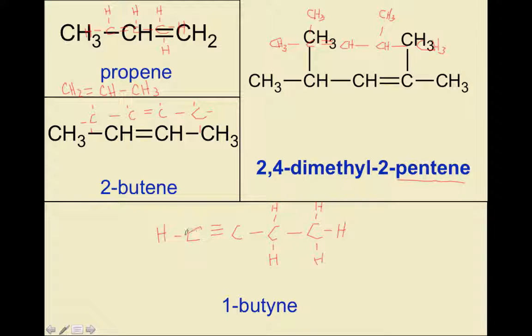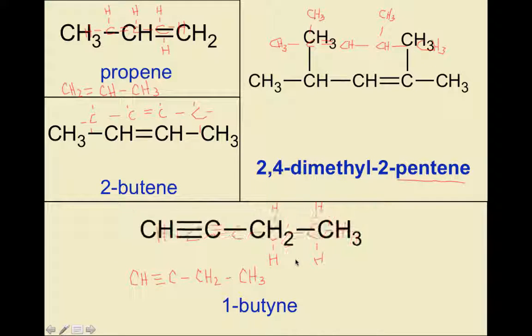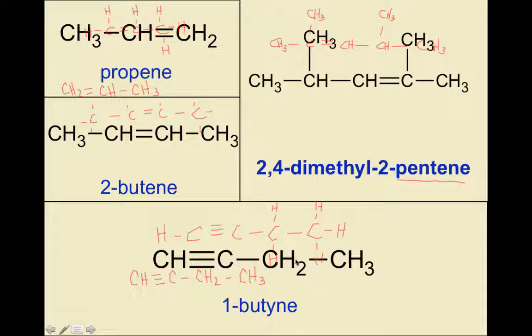This carbon 1, 2, 3, 4, 1, 2, 3, 4. The condensed formula for this would be CH, triple bond, C, CH2, CH3. And there we go.